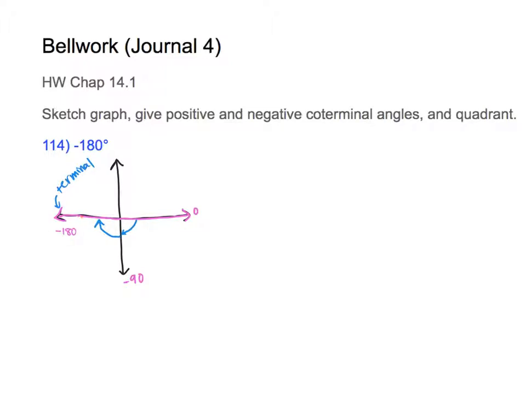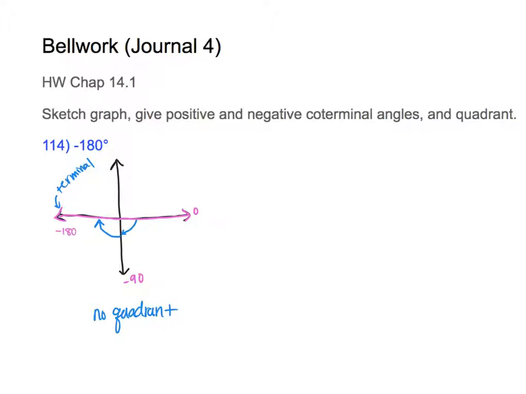So in this case, this here has no quadrant. So we're going to write no quadrant, because it's kind of indecisive. It's on an axis, so it's not quite third quadrant, it's not quite second quadrant.